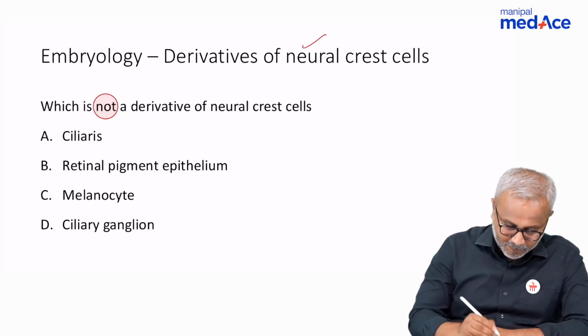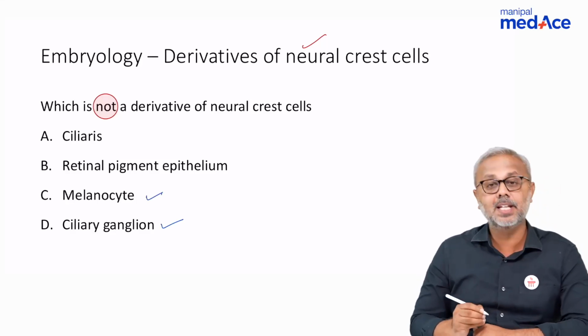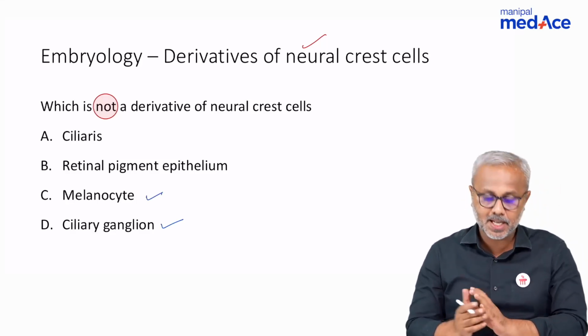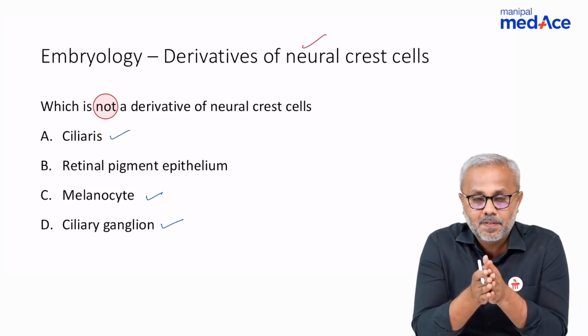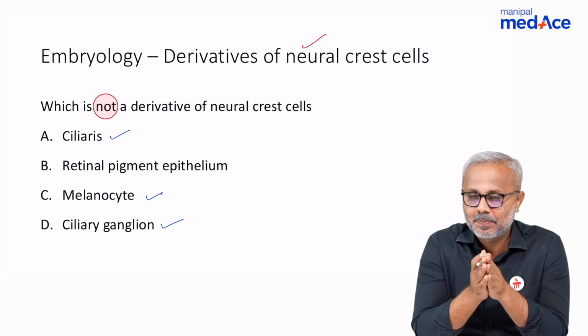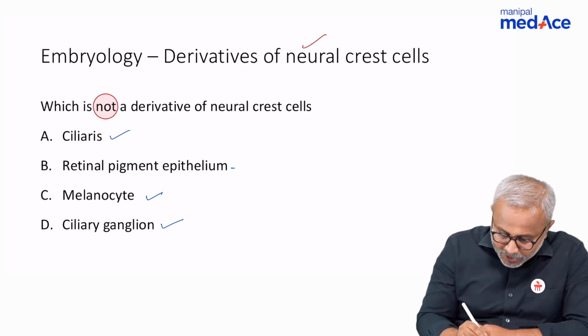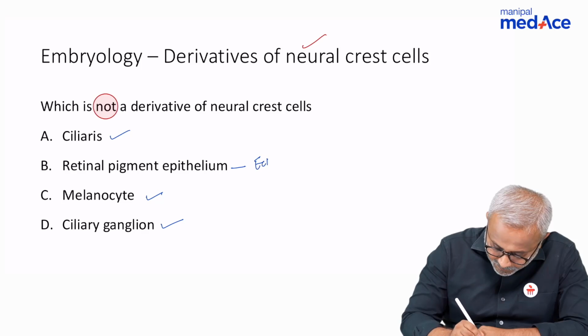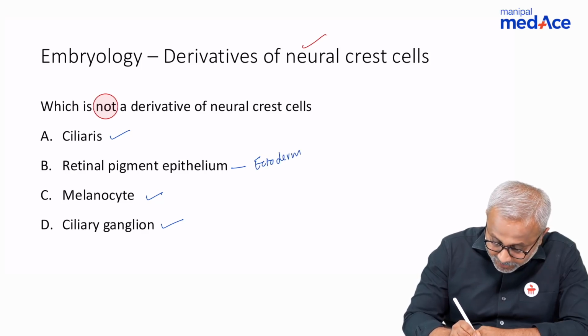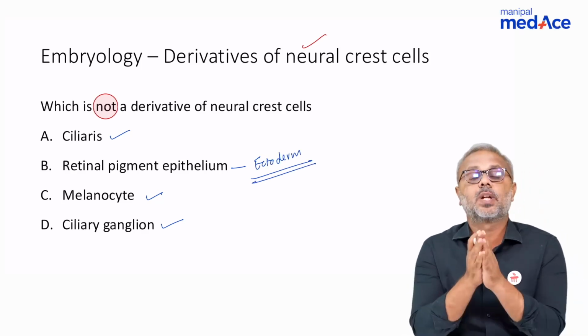So this we agree. Then apart from this, we said cranial parasympathetic ganglion. Then the ciliaris muscle is also a derivative of the neural crest cell. When we talk about the retinal pigment epithelium, remember, this is a derivative of the ectoderm and it is not a derivative of neural crest cell.